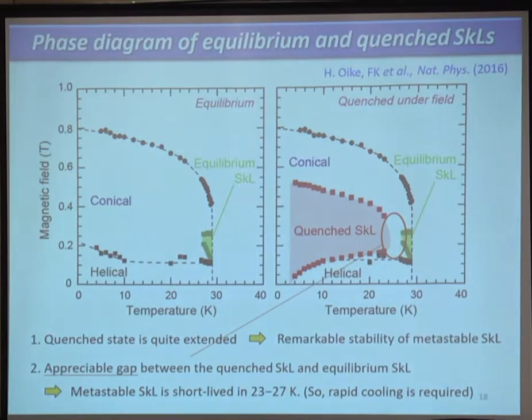This temperature gap is because the lifetime of the metastable Skyrmion lattice is short in this intermediate temperature range. So this is the reason why we need very rapid cooling. If the sample slowly passes through this intermediate temperature range, the metastable Skyrmion lattice immediately turns into the more stable conical state.